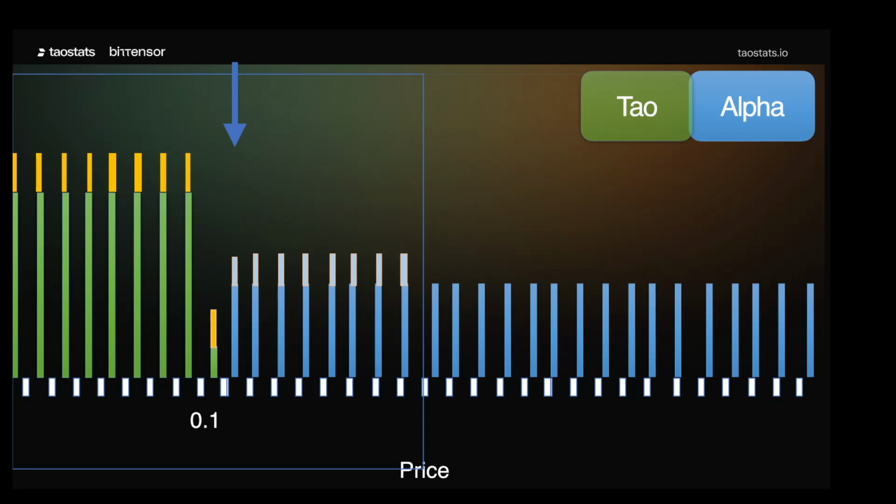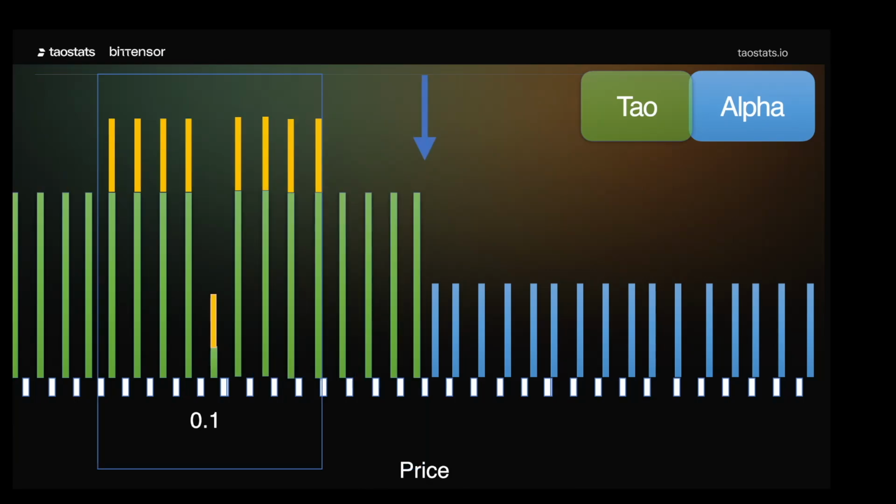What happens when you go out of the range? So in this case, people keep putting Tau in and the price has gone up. What happened is the Alpha that you owned over here has been sold, and now the price of Alpha is higher. So if you had held that Alpha in traditional staking, it would have been worth more than having it in the liquidity pool.